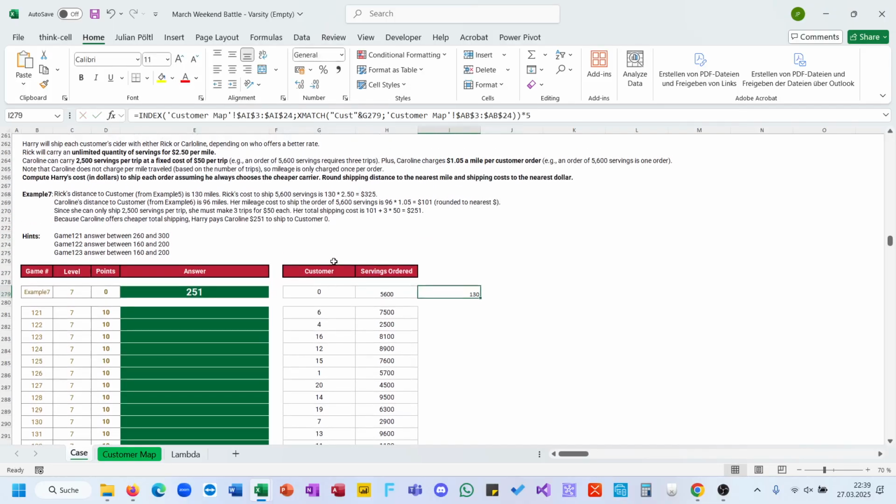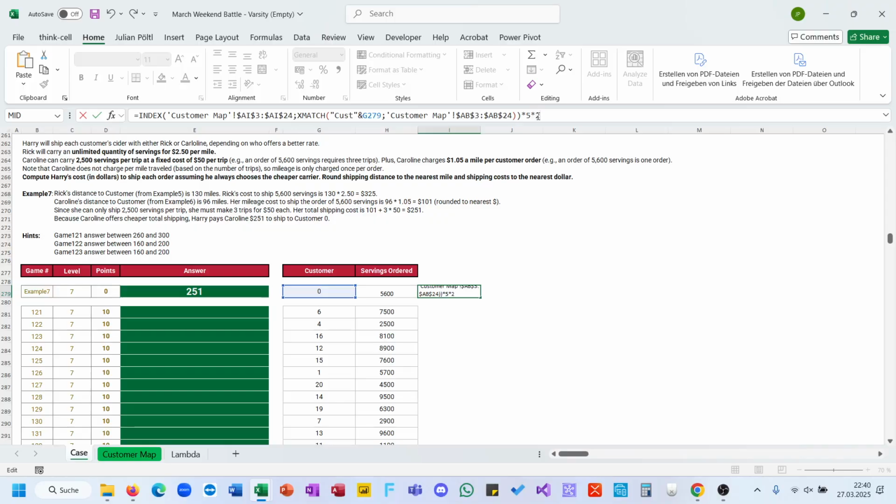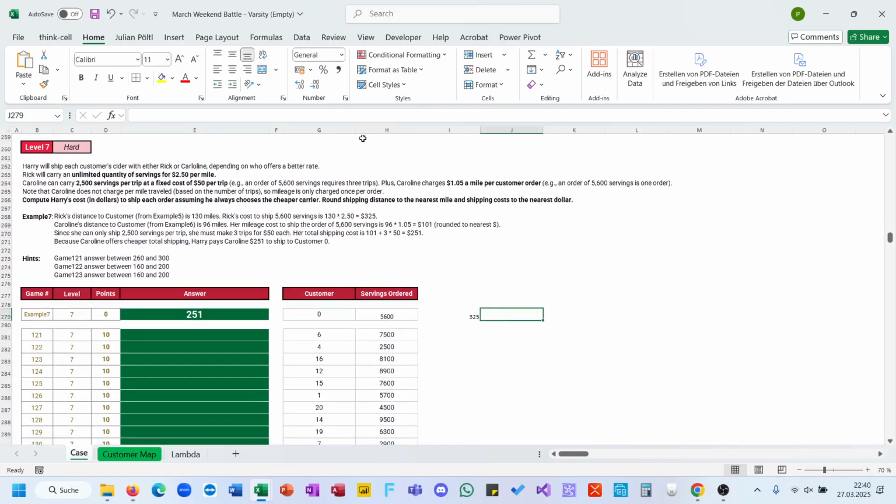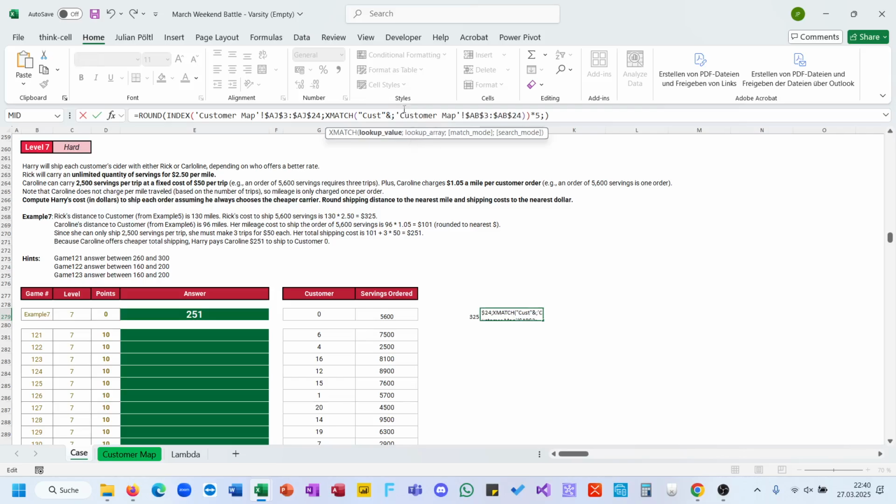So 130 distance times 2.5, 325. And Carolina distance is calculated here, and she will... 105.